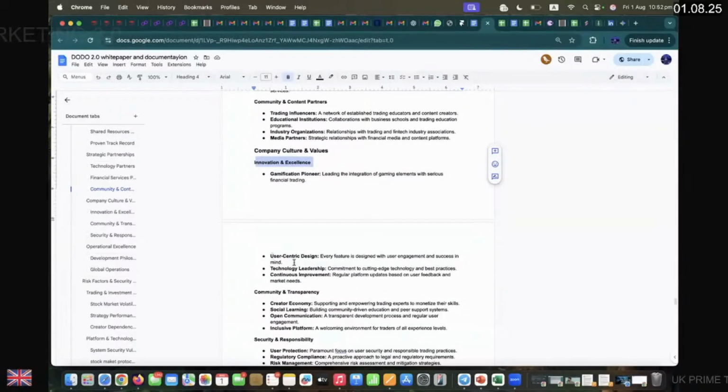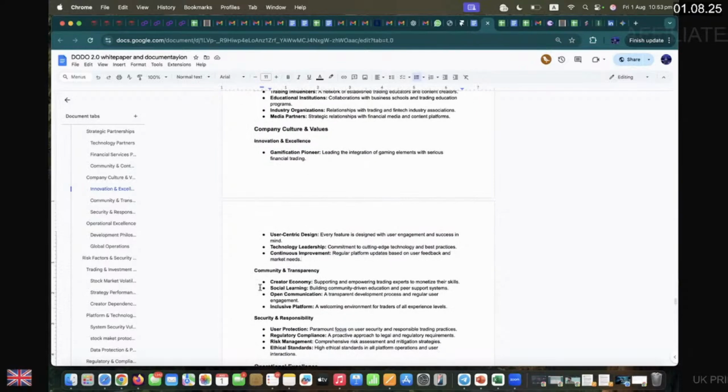User centric design. Every feature is designed with user engagement and success in mind. Technology leadership. Commitment to cutting edge technology and best practices. Continuous improvement. Regular platform updates based on user feedback and market needs will be provided.